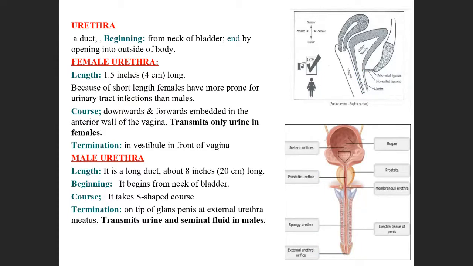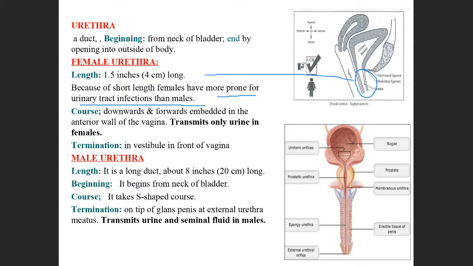The female urethra is 1.5 inches or 4 centimeters in length. Because it is very short, females are more prone to urinary tract infections. Urinary tract infections are more common in females because the urethra is smaller in size. How does it run?